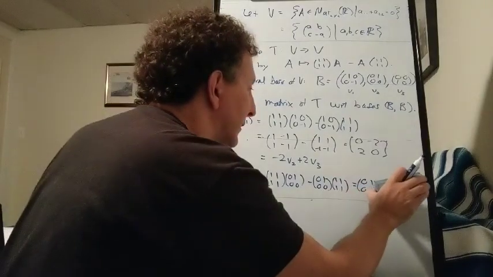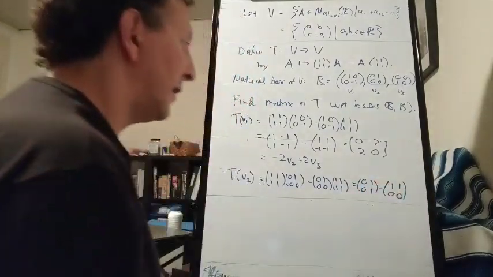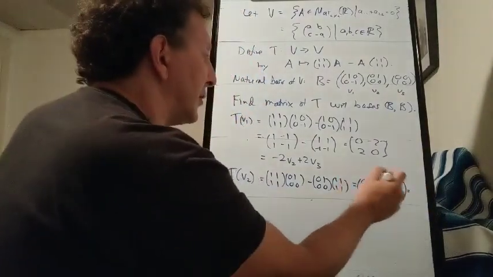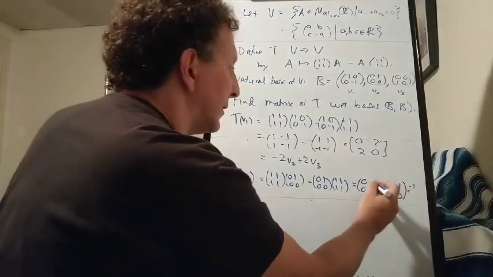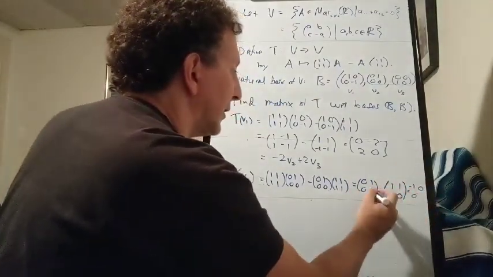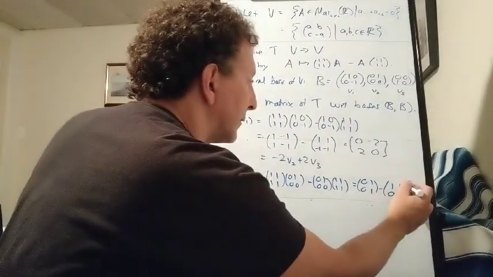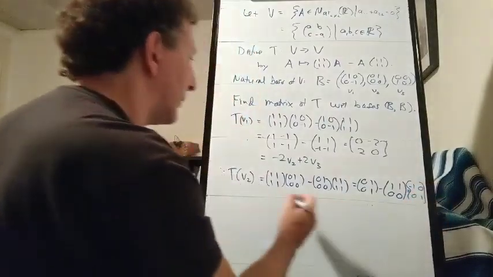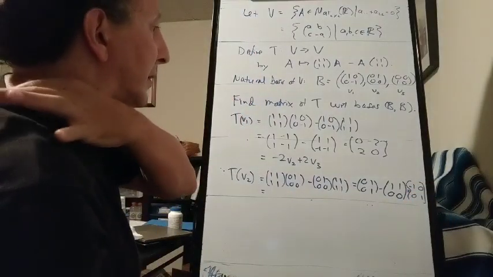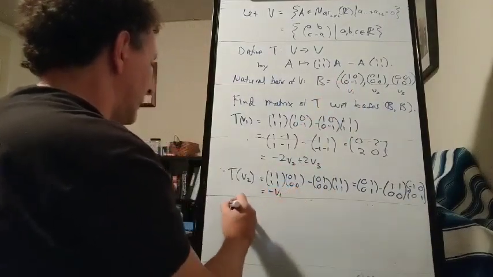So that is 0 minus 1 is minus 1, 1 minus 1 is 0, 0 minus 0 is 0, 1 minus 0 is 1. So that equals, it's the opposite of V1, so that equals negative V1.